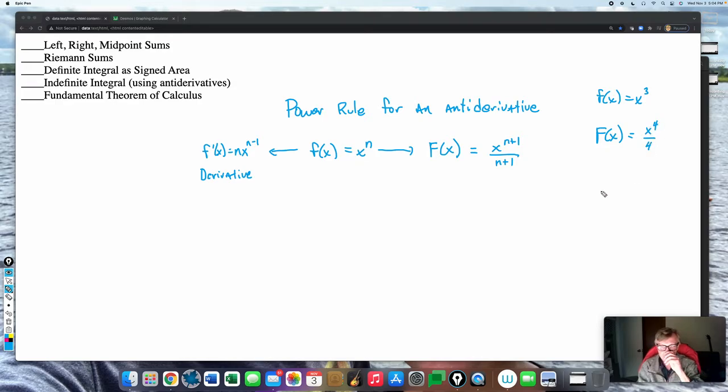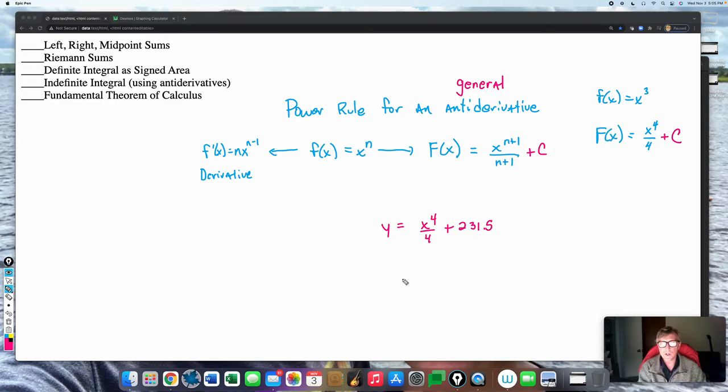Now, if I attach a word here, I'm going to say general antiderivative. You can put plus any constant here. You can add any number you want. C stands for constant. So, let's say that we had y is equal to x to the fourth divided by 4 plus 231.5, right?